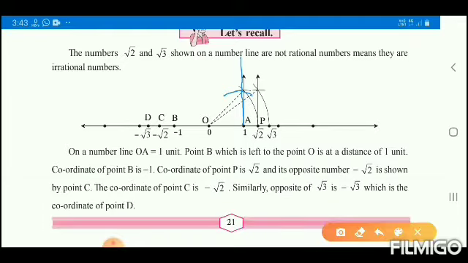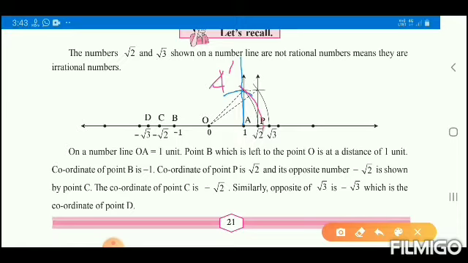Now next, you have to join the points. Here I will write the points A and A dash. Now take the distance O to A dash in your compass and draw the arc whose center is O. Then there you will get the point.